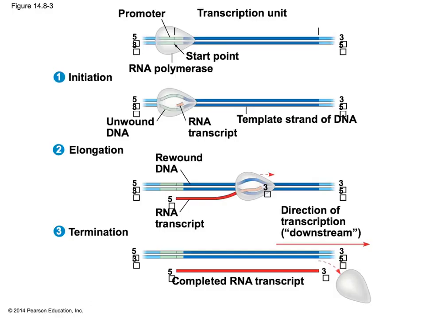The light blue parts at the beginning and the end are what we call the untranslated regions. Why are they untranslated? Because they're not going to code for the protein. They may be included in the RNA, but they're not going to code for the protein.